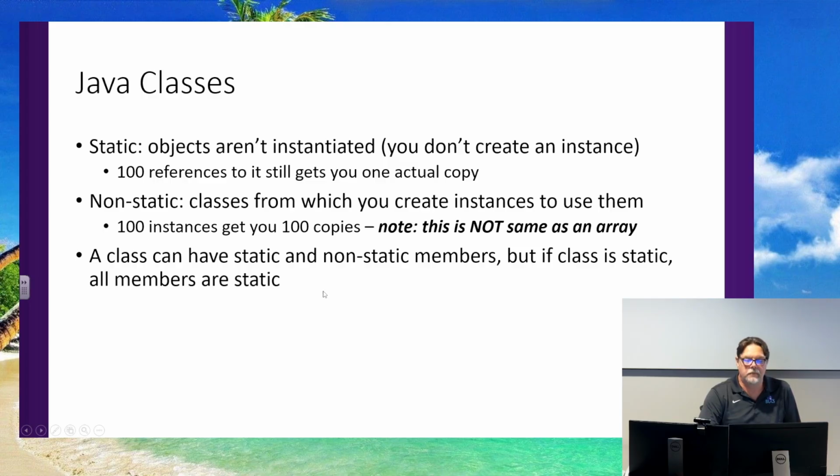You can have multiple instances of a non-static class, and that brings up a good point. If you've got, let's say, 100 instances of this cat object, and you want one of the cats to meow, how do you tell it which one of those 100 cats is the one that's supposed to meow?